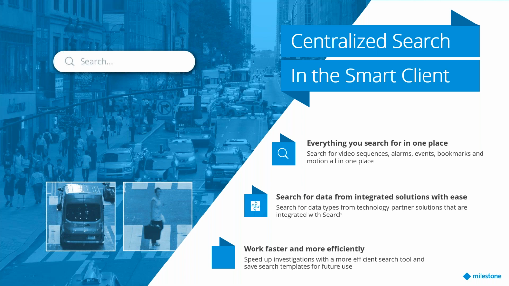But even in your system, if you have multiple systems like an access control system, for instance, or you could have facial recognition or analytics running on ACAP, and you're getting alerts and events, and you want to do one simple search, which could bring back the results based on the data that is coming from these multiple systems, you can do that. Centralized search allows you to do that.